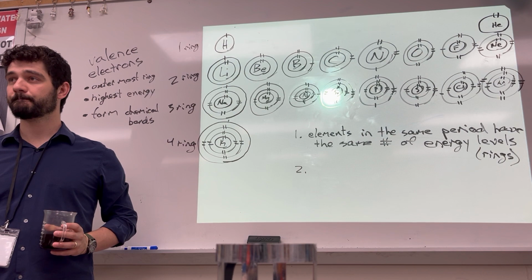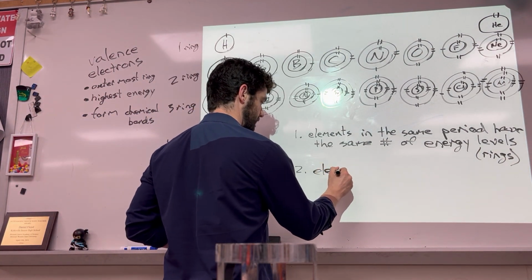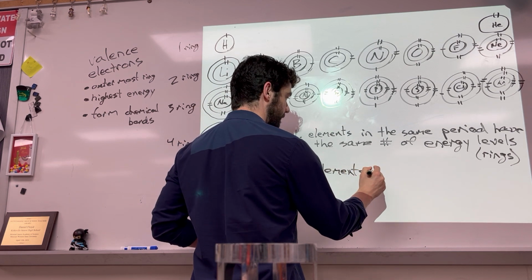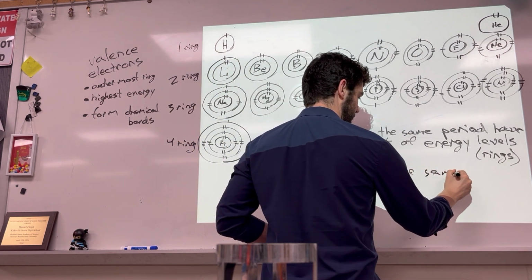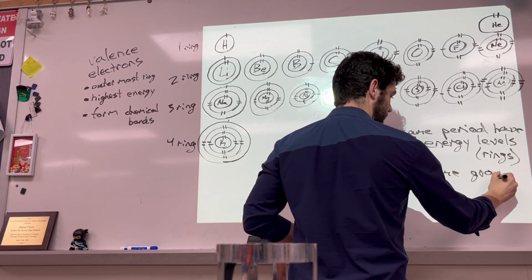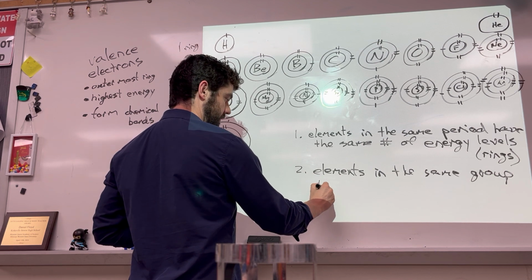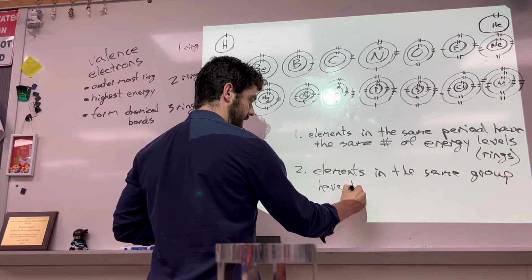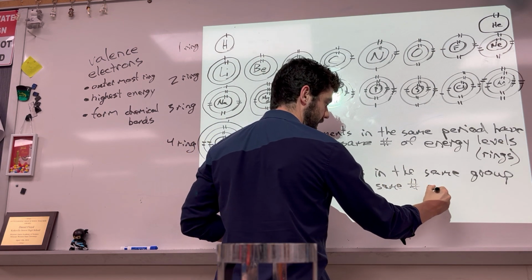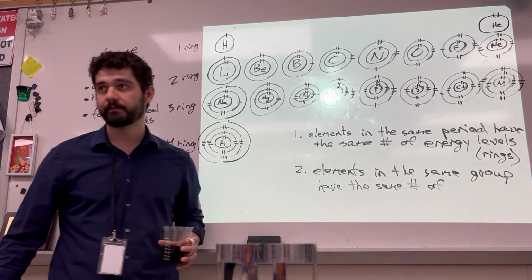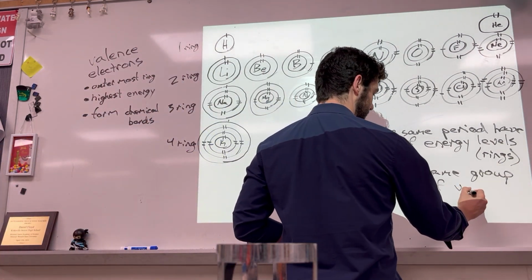And the other pattern we noticed is that elements in the same group, which is a vertical column, have the same number of what? Fill in the blank. Valence electrons. Nailed it. Valence electrons.